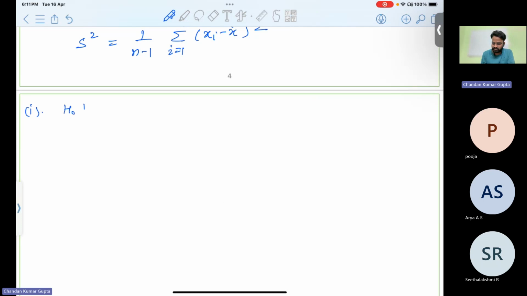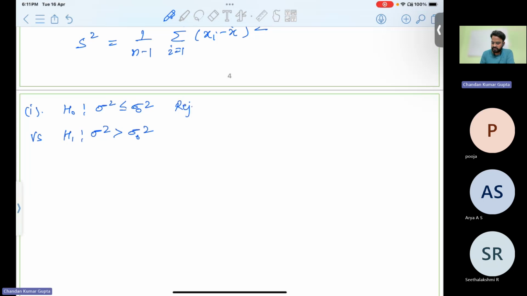First, H naught, the null hypothesis, sigma square is less than or equal to sigma naught square, against the alternative hypothesis sigma square is greater than sigma naught square.